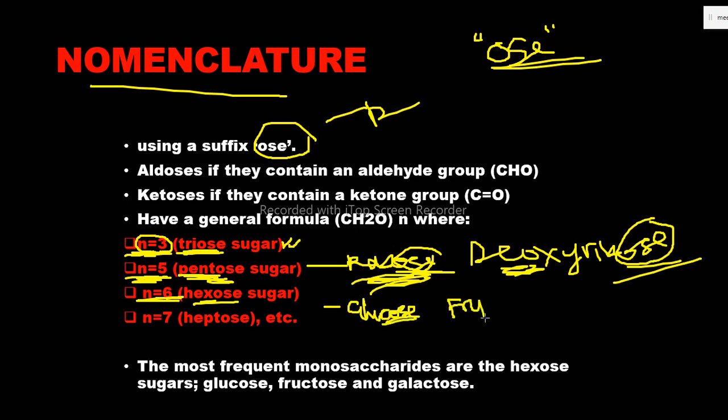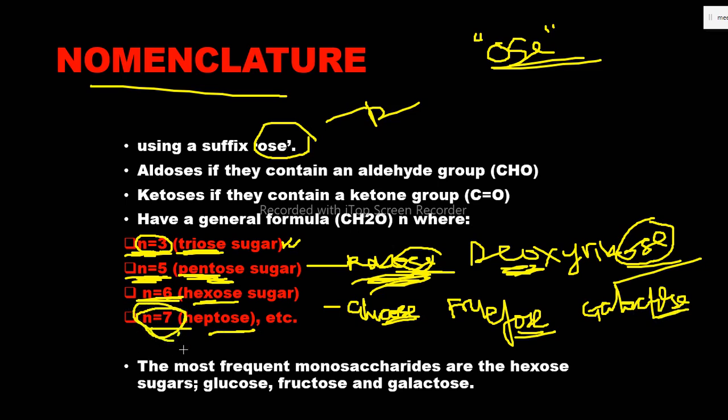Fructose still has the -ose. Galactose, the same. These are examples of hexose sugars. Now, if it is 7, then that's a heptose sugar. However, this one is really not common.